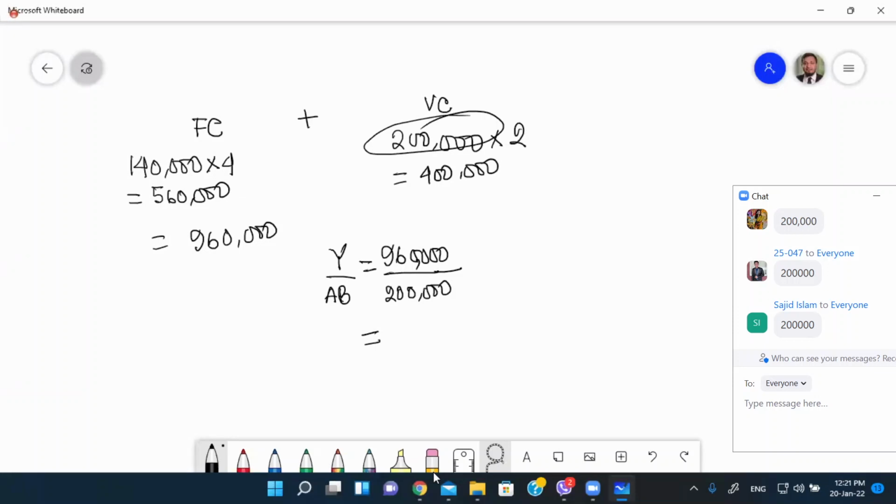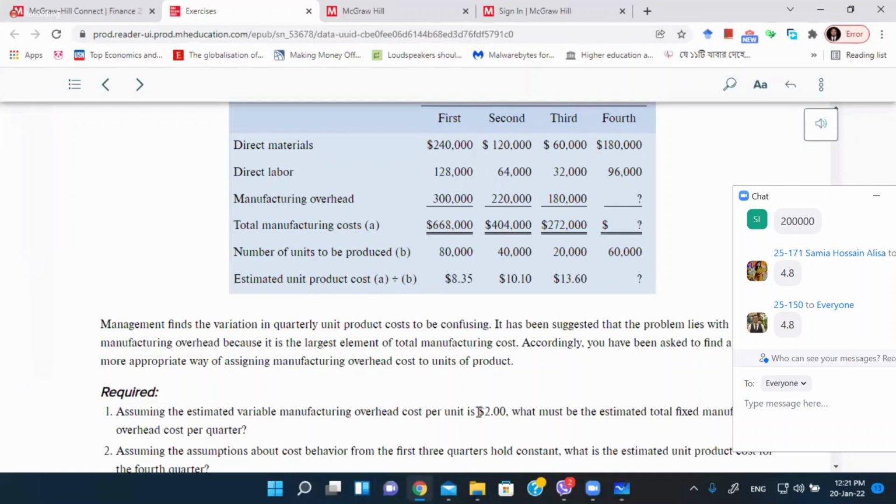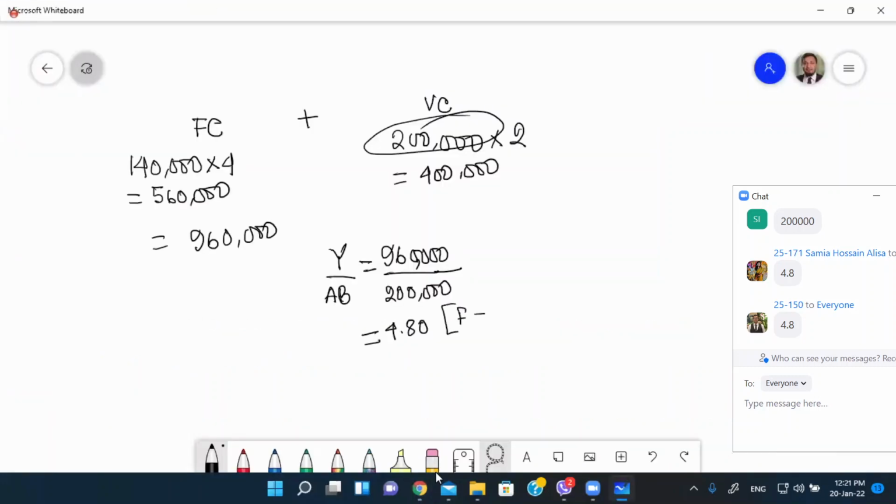Now we are not calculating on a quarterly basis. Now we are estimating the predetermined overhead rate on an annual basis. So we'll get 4.8 per unit. Okay, you have given me the answer. That's good, 4.8 per unit. Now, what is your task? Your task is to apply the 4.8 manufacturing overhead. Remember, it includes both fixed and variable portions.